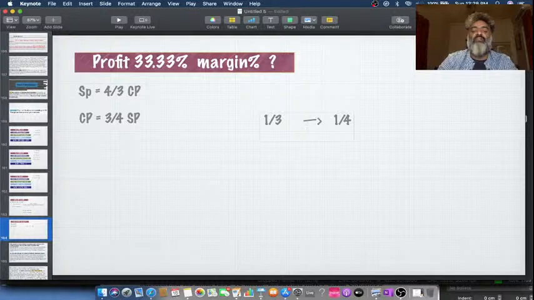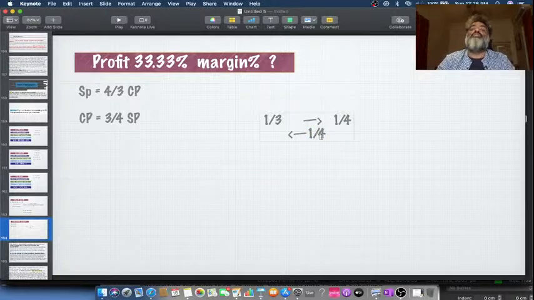Similarly, I can think backwards also, right? 1 by 4, let's say, was a margin percentage, and I want to go in the other direction. So if I say this is the margin percentage, that means this is my selling price and this is my cost price. This is my profit. Profit upon selling price is margin. So profit is 1, selling price is 4.